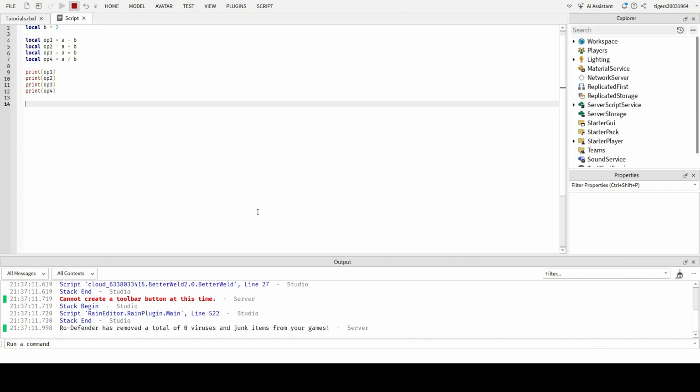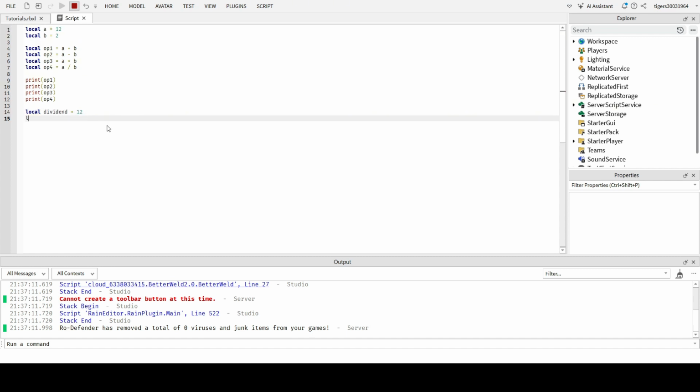Okay, so there is another special form of division here that you might not know, called modulo. So if I have A divided by B, this is standard division, this will give me just A divided by B, obviously. But another way of looking at division with this special function called modulo is, let's say I have local dividend equals 12 and local divisor equals 10.